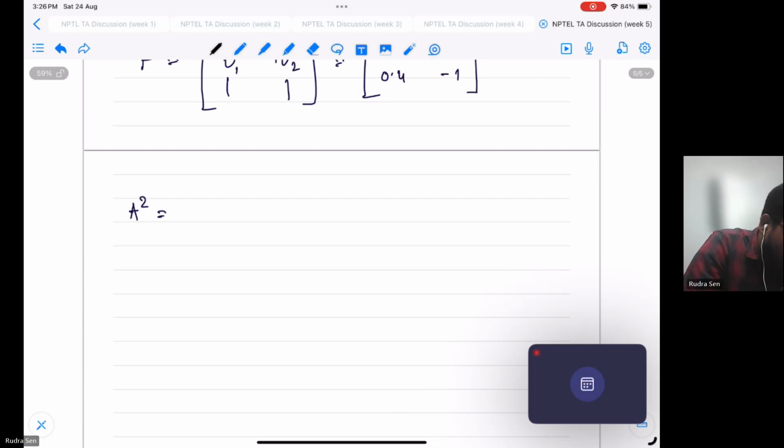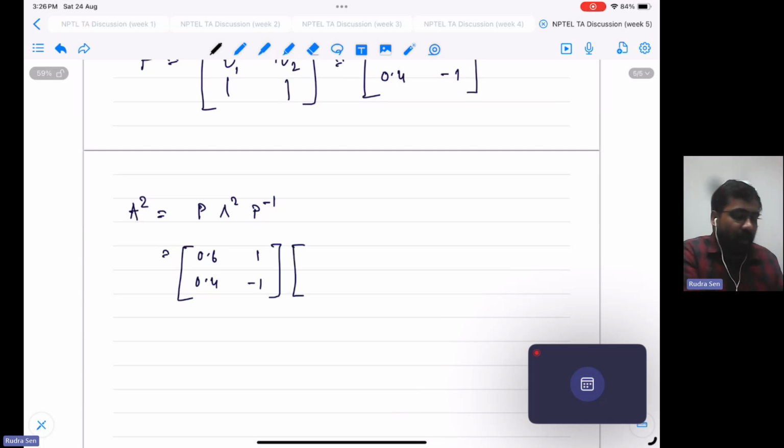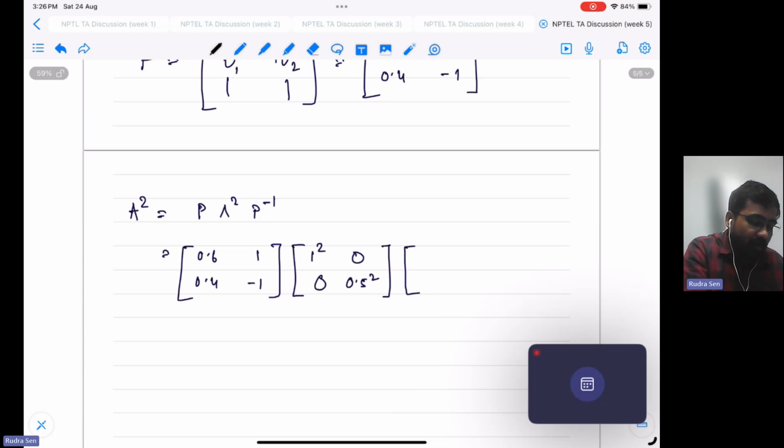So A square is, as we have seen, P into lambda square into P inverse. Here lambda square is 1 square, 0.5 square, 0, 0. And here is P inverse.